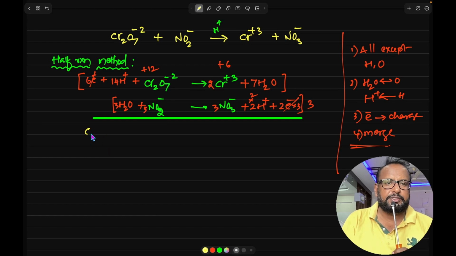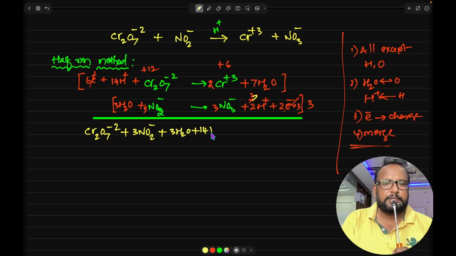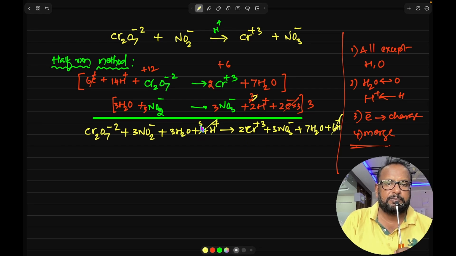The final equation is Cr2O7 2- plus 3 NO2- plus 3 H2O plus 14 H+ gives us 2 Cr3+ plus 3 NO3- plus 7 H2O and 6 H+. The 6 H+ can also be cancelled, so I'll end up with 8 H+ here.